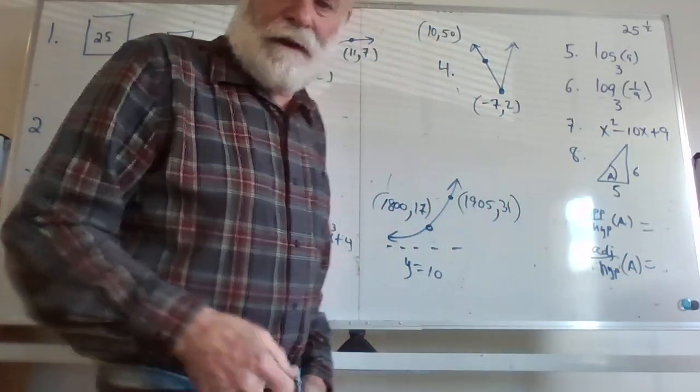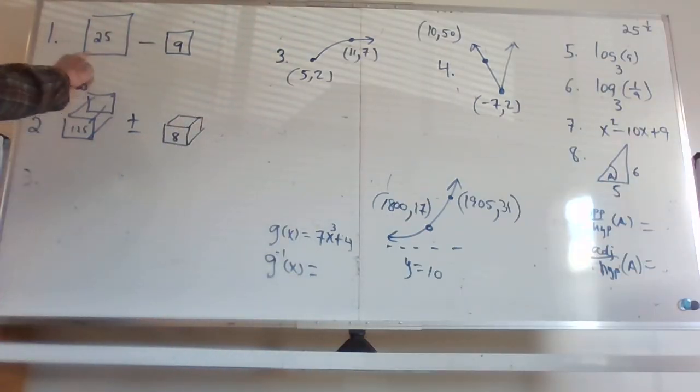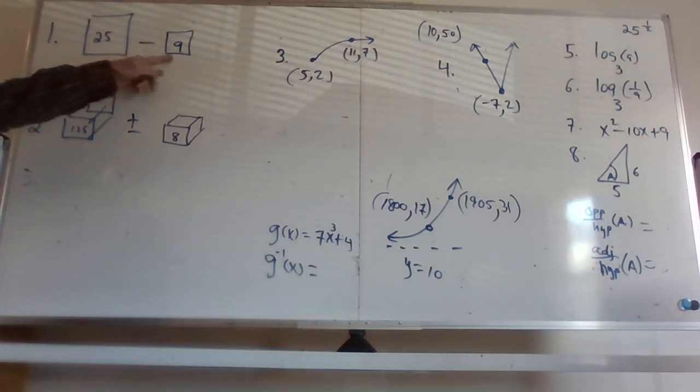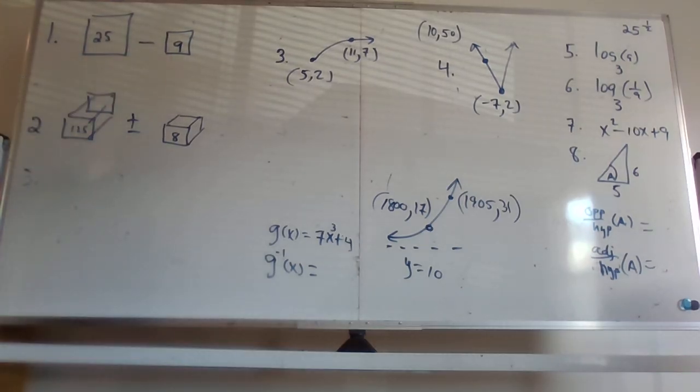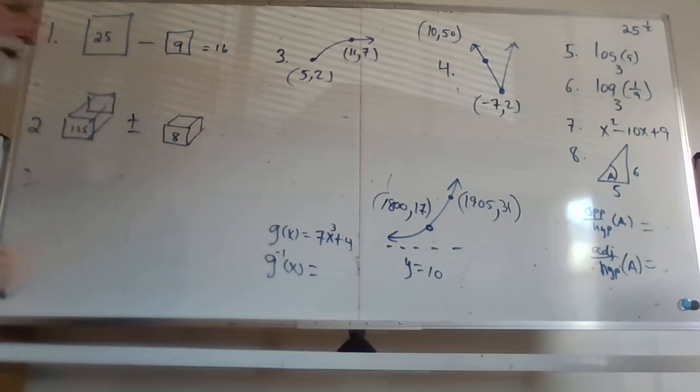Let's just talk about some of the problems that you encounter in early algebra. 25 minus 9. We call that a difference. And it sure does look like a difference of two squares. It would be nice to write this calculation, which I believe equals 16, as a product.